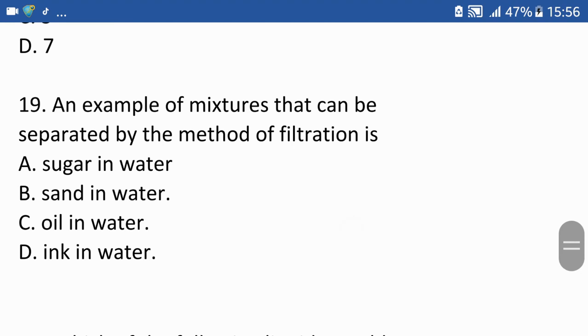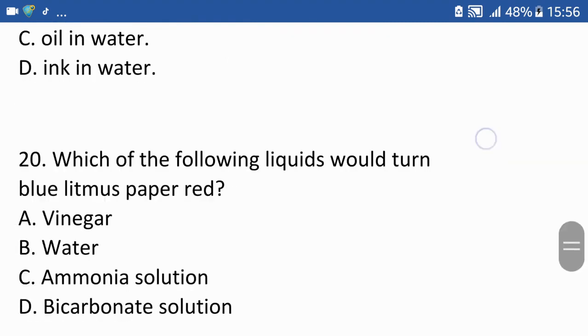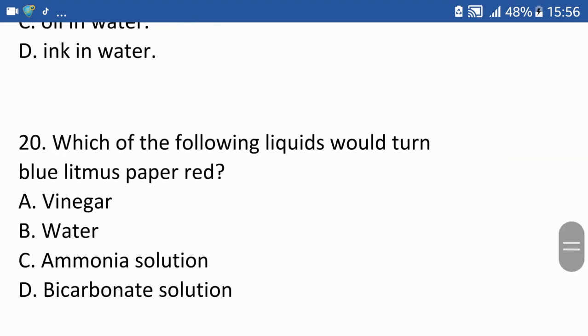Nineteen, an example of mixtures that can be separated by the method of filtration is. Twenty, which of the following liquids will turn blue litmus paper red?